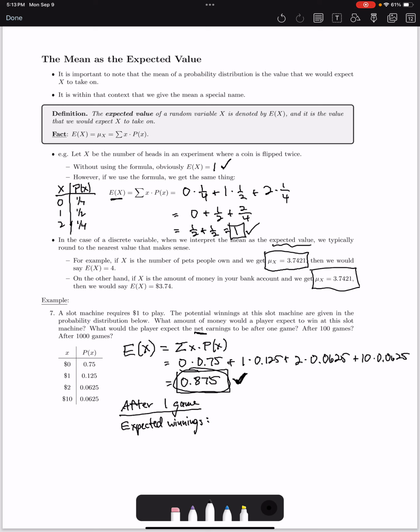Or maybe it would make more sense to, well, no, because if you're only playing 1 game, you're not going to win 88 cents. So we'd expect $1, right? Expected winnings, $1.